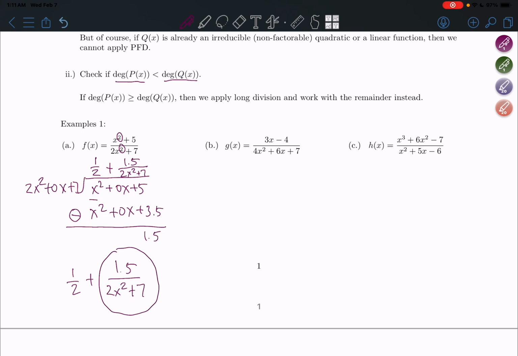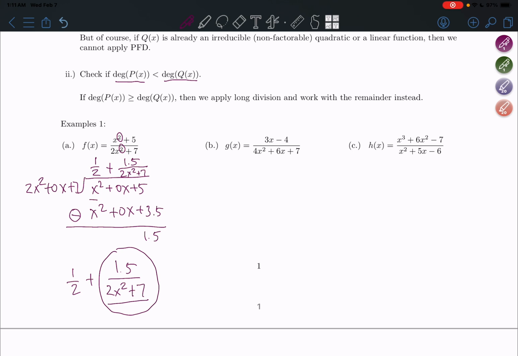Potentially. In this case, it also cannot. We cannot do that. The reason for that is that 2x squared plus 7 is not factorable. One way to tell when something is not factorable is to try to solve it and see if we can find a 0, because factoring is going to lead you to find a 0 for sure in terms of a quadratic. So can this ever equal 0?